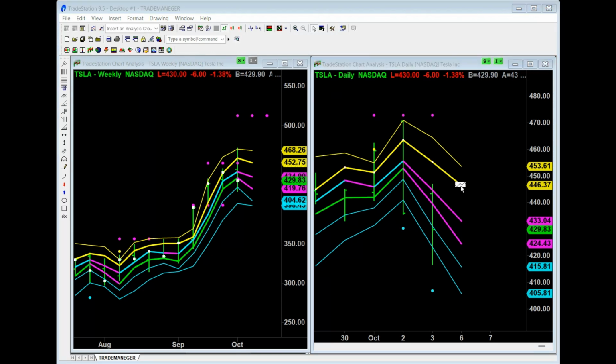increase to this $446. This could be the daily high, at least a daily high, either this one or this one. But it still has a tendency to drop down to this $415, or it may open low and then increase from a lower support line.